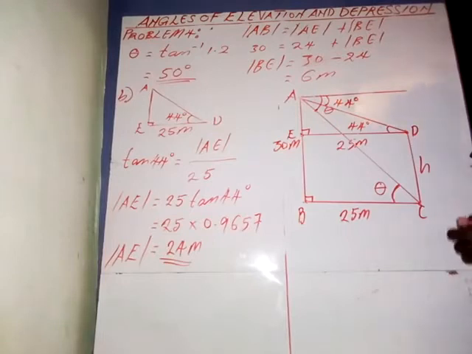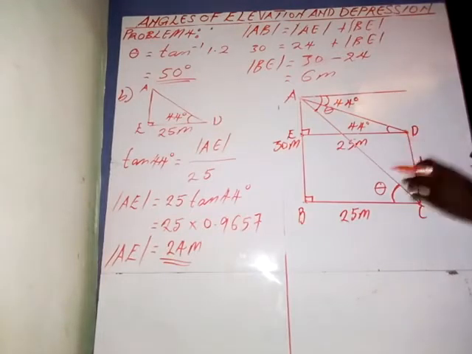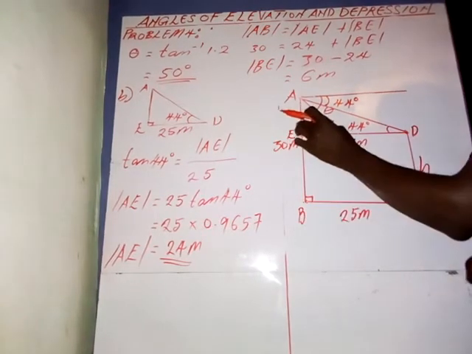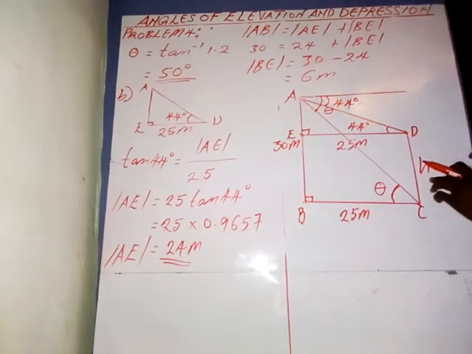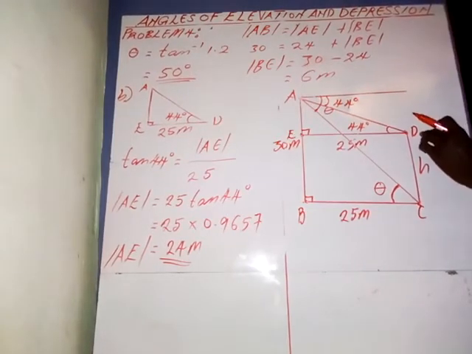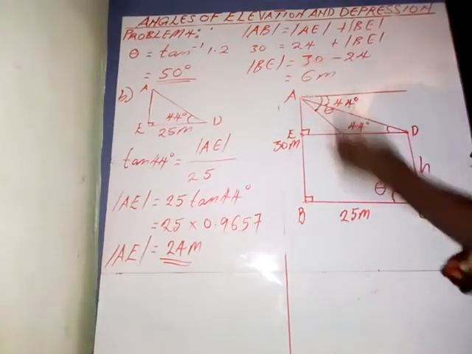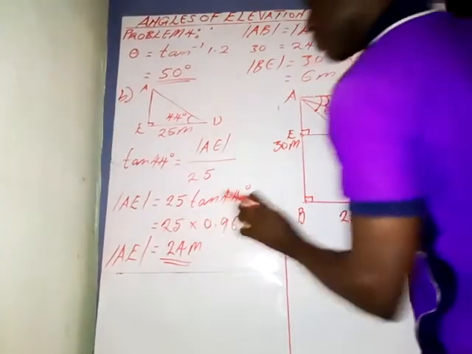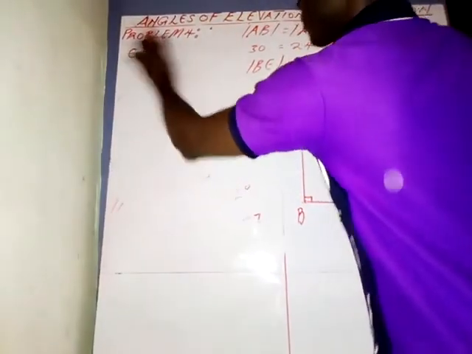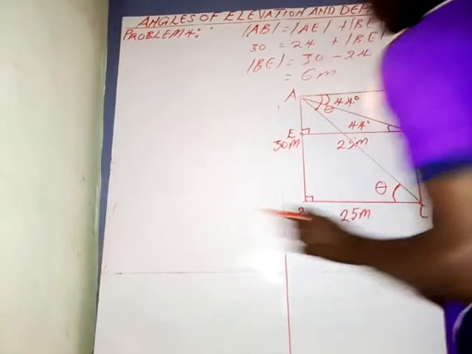As I said, BE is equal to CD that we have here. So the height, CD, is equal to BE. That means the height is 6 meters. I'll rub this off so that I can write the final answer.